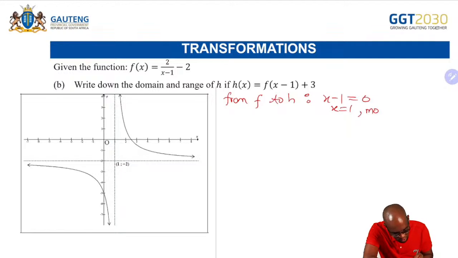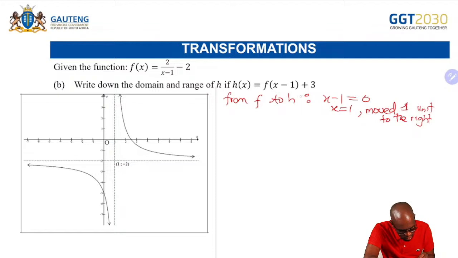So we moved 1 unit to the right. What also happened here? We added 3. Y is equal to 3. So we move 3 units upwards.